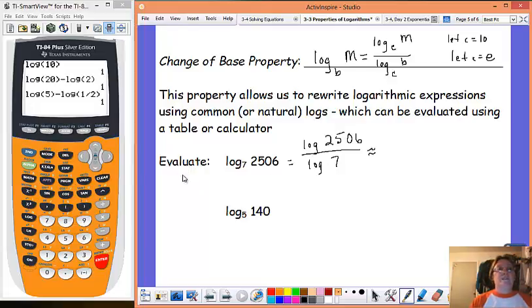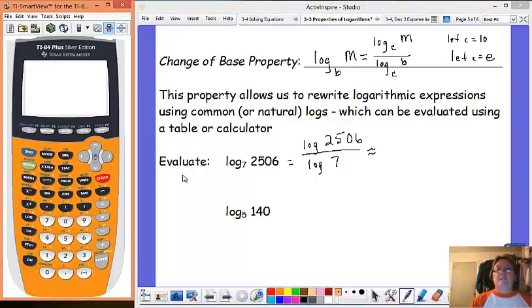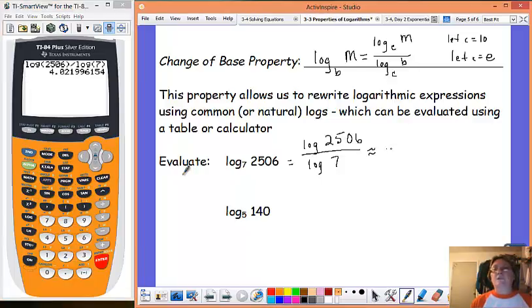So I'm doing common logs: log of 2506 divided by the log of 7. And according to the calculator, that is about 4.0, right around 4.